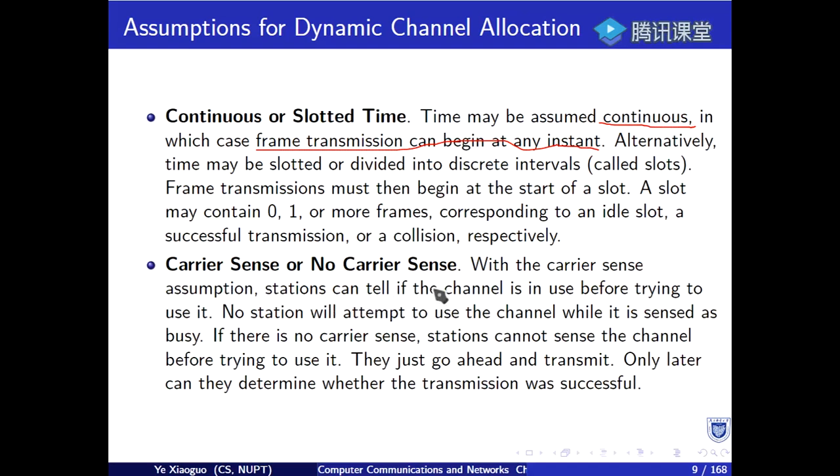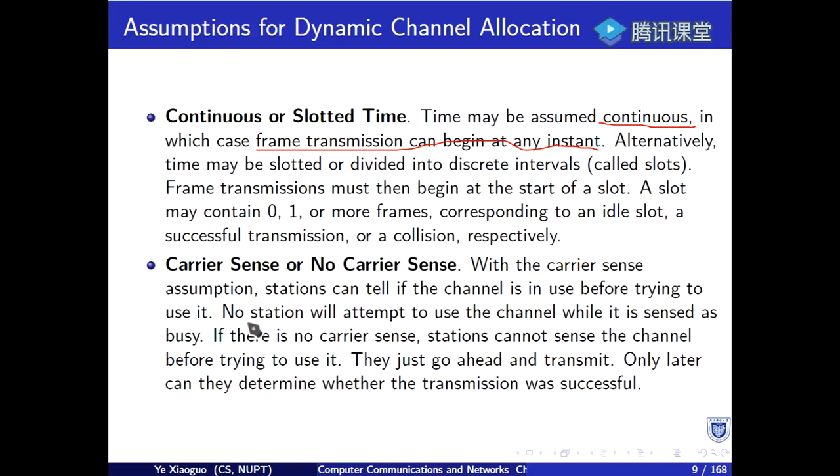If the channel is in use, the station knows, because it listens to the channel first.